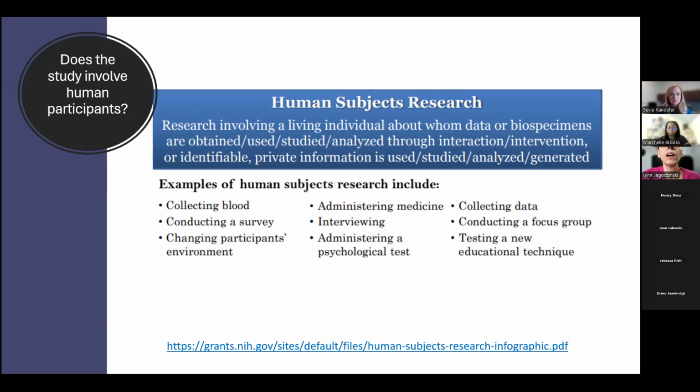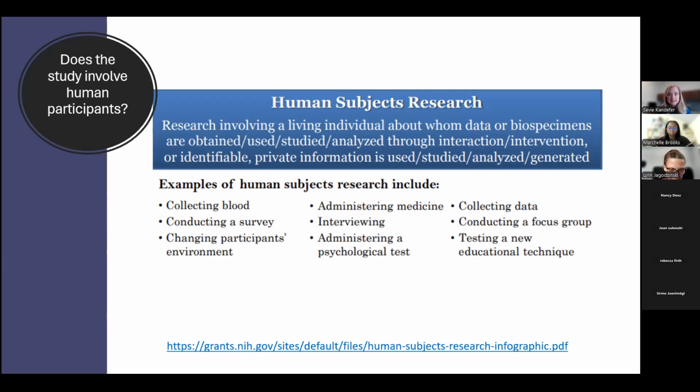Examples of human subjects research include collecting blood, administering medicine or using a device, collecting data through surveys, interviews, or focus groups. Could be changing participants' environment, administering a psychological test, or testing a new educational technique. Obviously, this is not a comprehensive list, but just some examples.